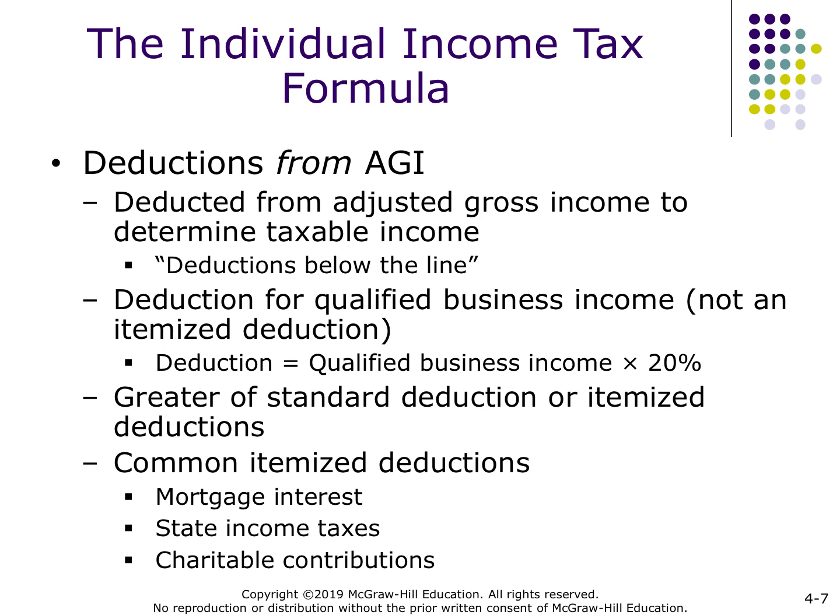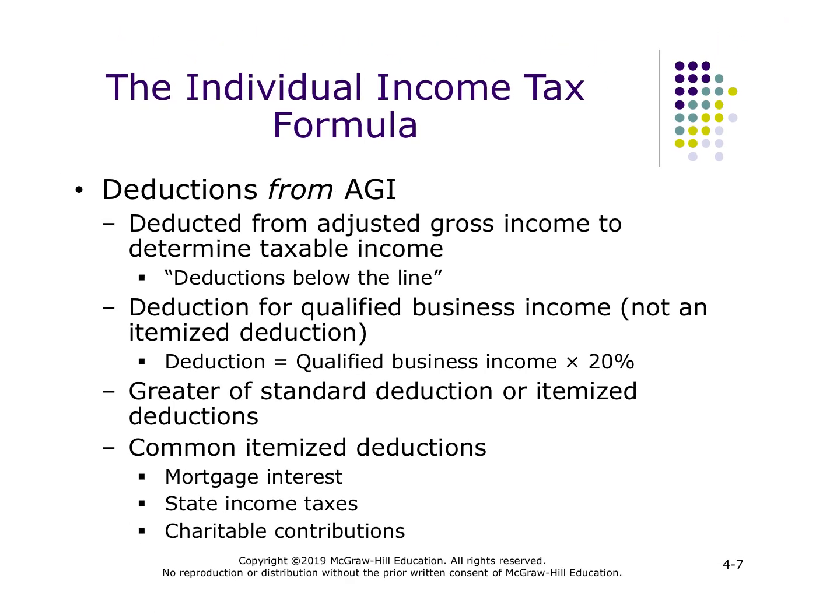All right, and then we have deductions from AGI, okay? These are below the line deductions. A couple of things that are important. Remember that you get the greater of the standard deduction or your itemized deductions, okay? And here are some common itemized deductions.